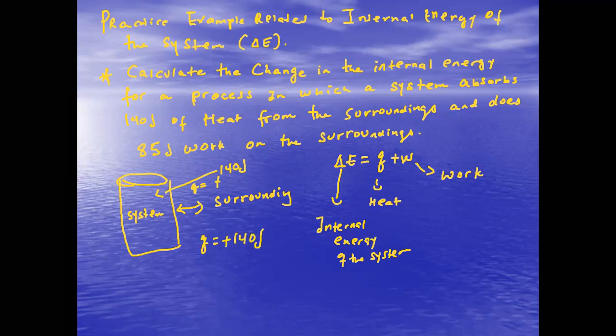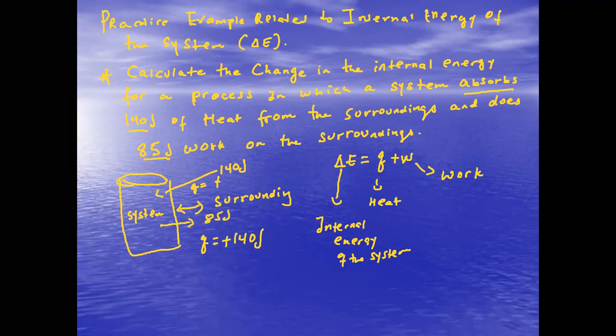But we're not stopping there. The system absorbs 140 joules of heat from the surrounding, and the system does 85 joules of work on the surrounding. What does that mean? The system is releasing, or giving, 85 joules of energy.